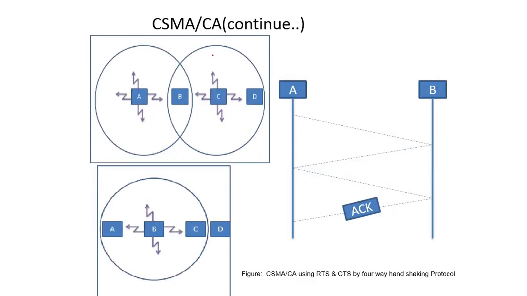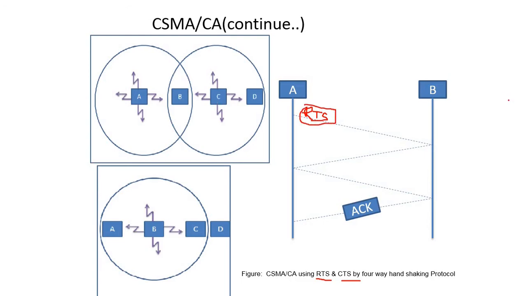For the hidden station problem, we can use RTS and CTS, which mean request to send and clear to send. Suppose A wants to send data to B. A will send an RTS, request to send, packet.